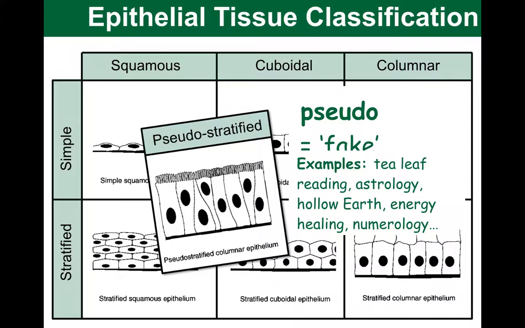These are all beliefs or practices that are claimed to be scientific, but are incompatible with the scientific method, and therefore, for the time being, we are not recognizing them as real sciences. I hope that this helps you to remember the term pseudostratified.